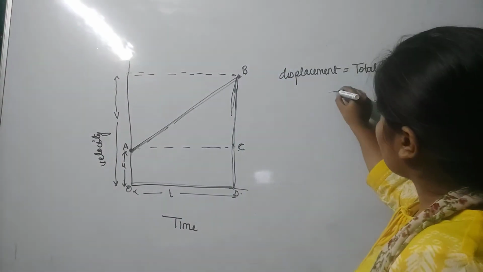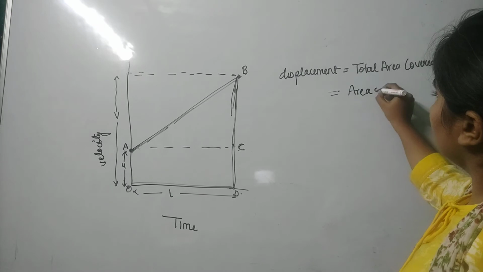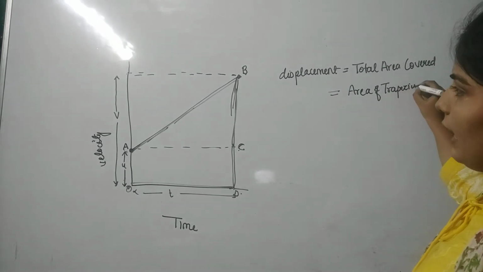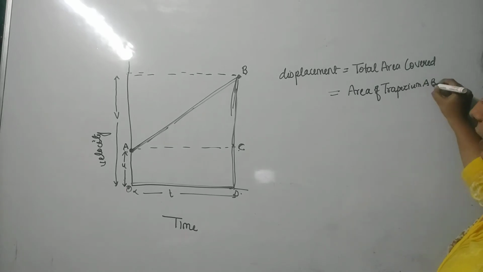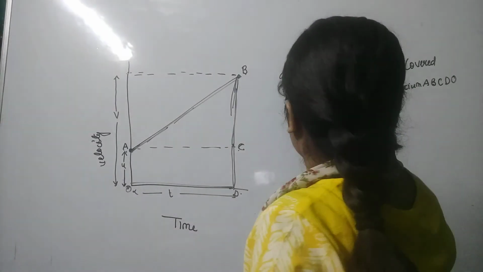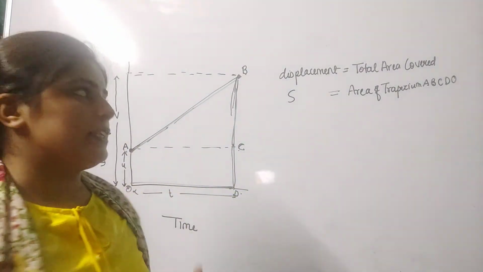So the total area covered will be equal to the area of trapezium ABCDO, which is equal to the displacement, and we represent the displacement by S.